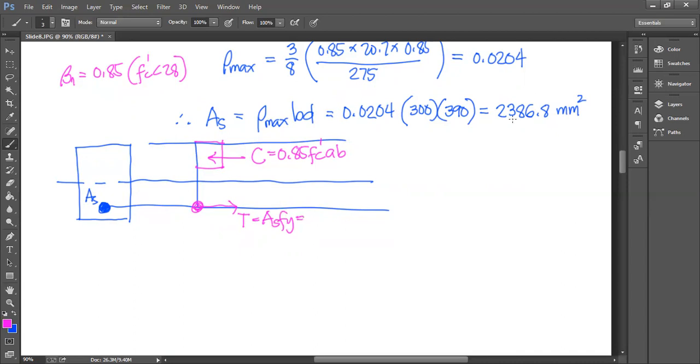Meron na tayong value for AS earlier, which is equal to 2,386.8 square millimeters multiplied by Fy natin na 275. Tension is equal to meron tayong 656,370.